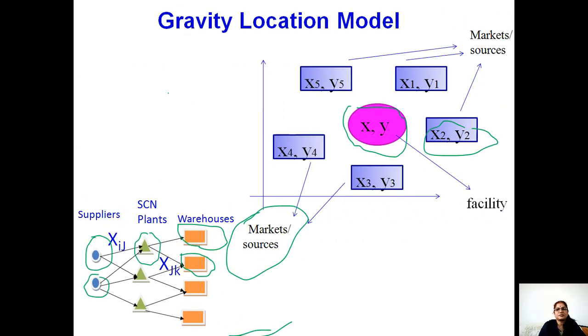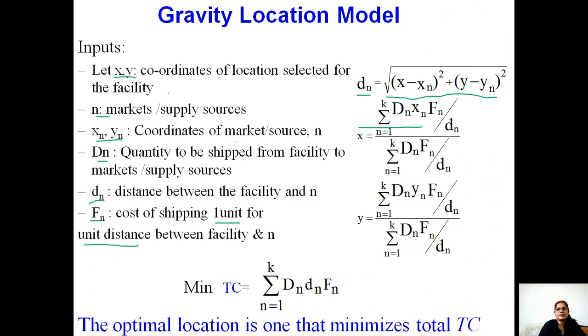I'll show it with this network. Supposing the distance between this facility which needs to be located and this source is to be calculated, then x minus x1 whole square plus y minus y1 whole square under the root will be the distance for it. Similarly for this, x minus x2 whole square plus y minus y2 whole square under root. In that way we are going to calculate dn.